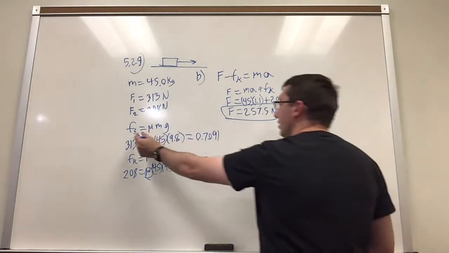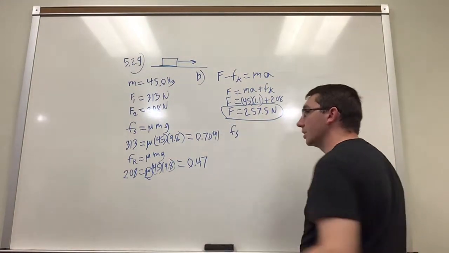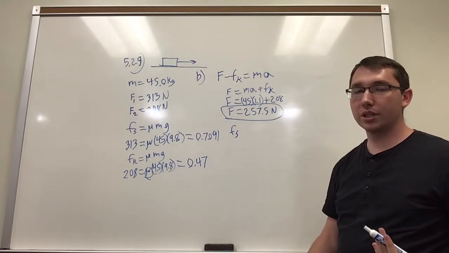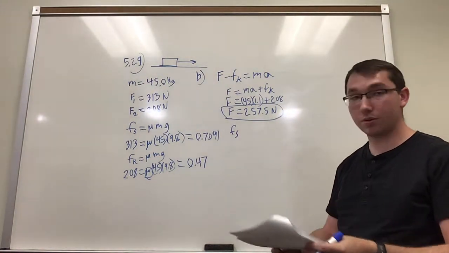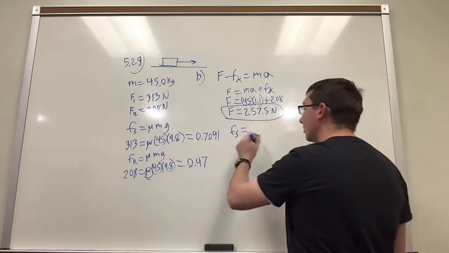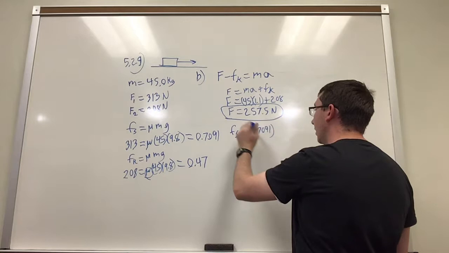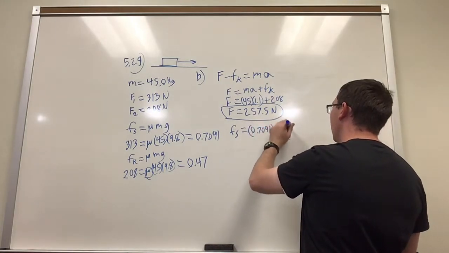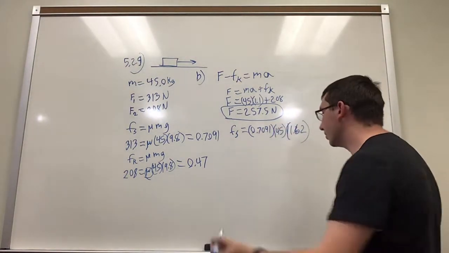So these equations are going to be the same, except we're solving for the forces, because even though it's on the moon, the coefficient of static friction between the floor and the crate of tools is still going to be the same. So we're still going to use those. 0.7091 times 45 kilograms times 1.62 for the acceleration on the moon.